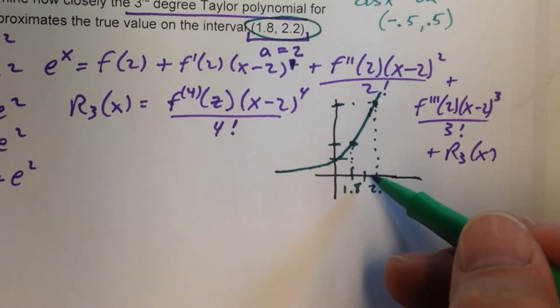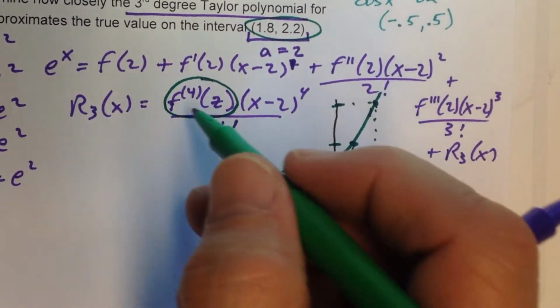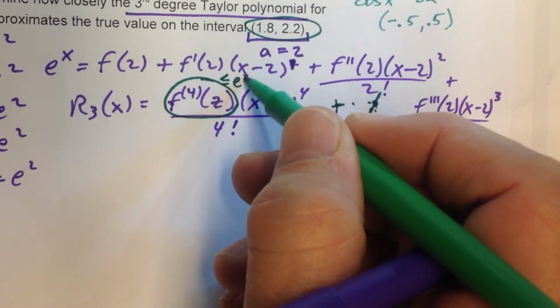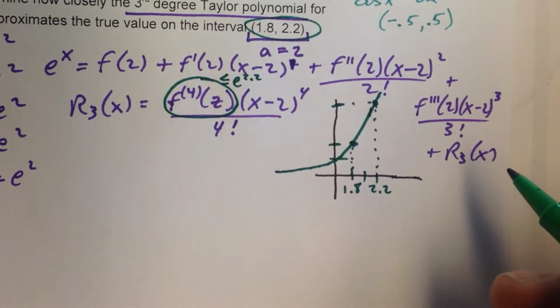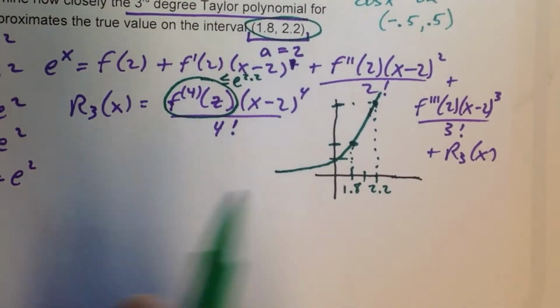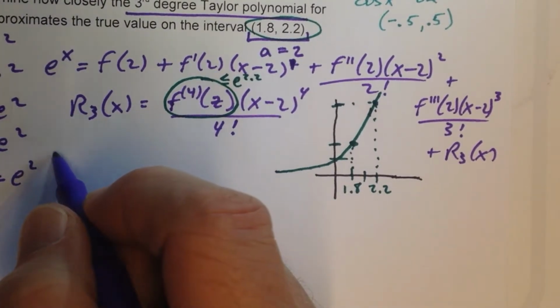Since it's an increasing function, the max value is less than or equal to e to the 2.2. So we're going to replace that with e to the 2.2 when we seek to find our error bound, our maximum error.